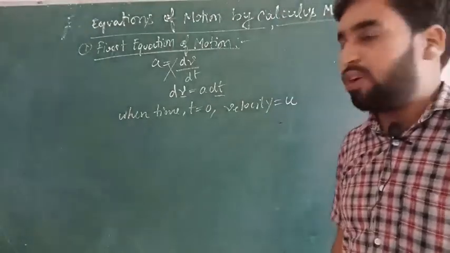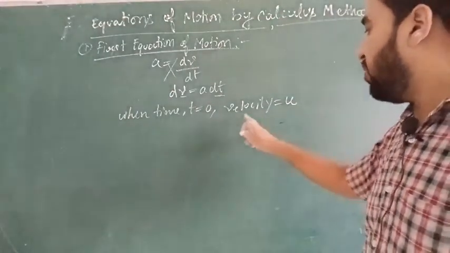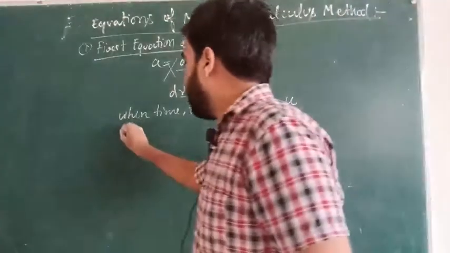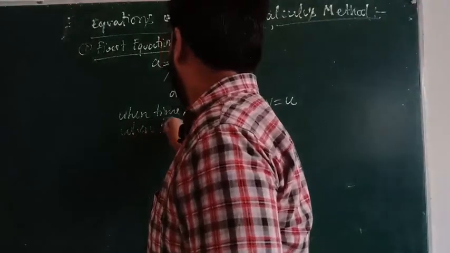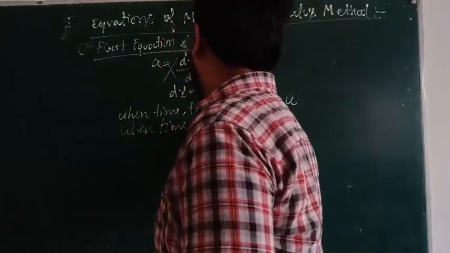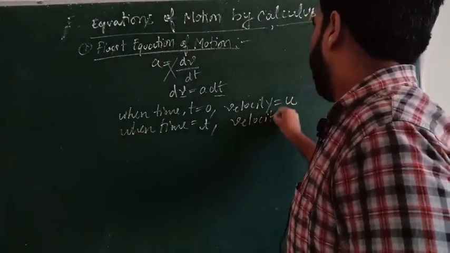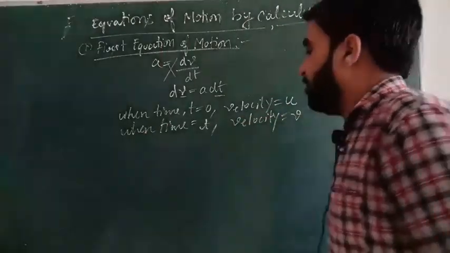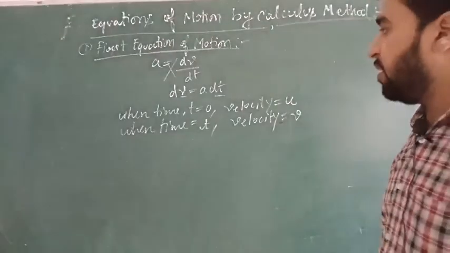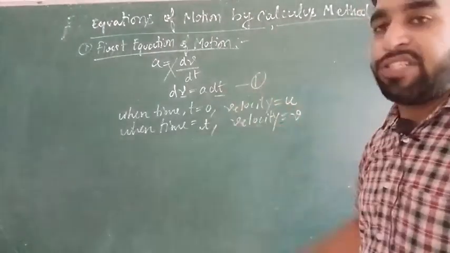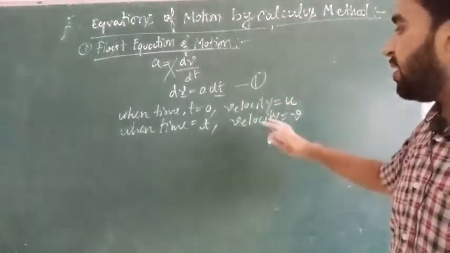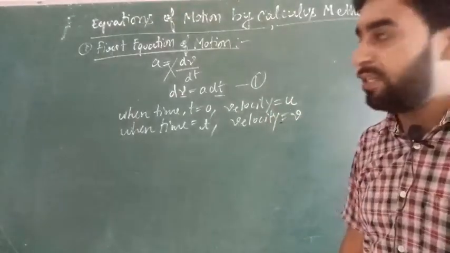We are calculating for 0 time. So when t is 0, velocity is u. When time is equal to t, what will be the velocity? Velocity will be v. For t time it will be v. Now consider this equation as equation 1, and we should do integration of this equation.